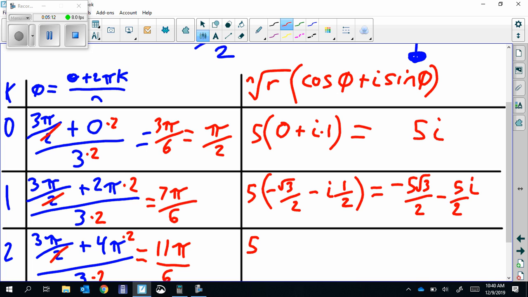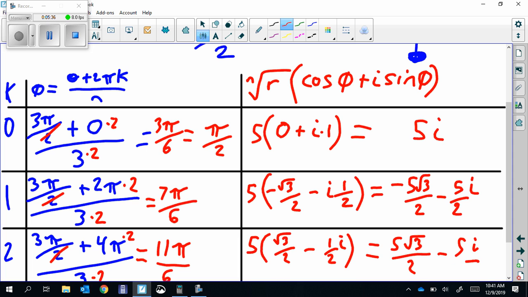And then 11 pi over 6, still the over 6, so still your ring finger, but this time it's quadrant 4. Quadrant 4 is going to be positive, negative. And there's your 3 answers.